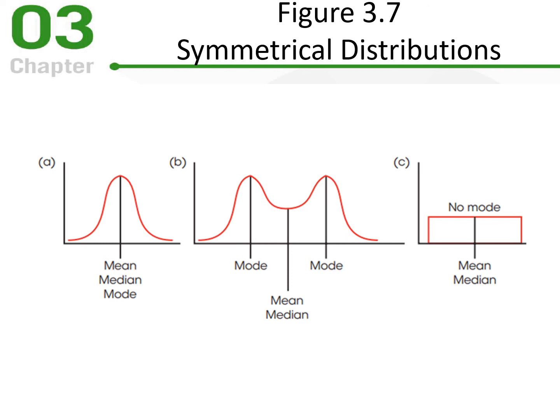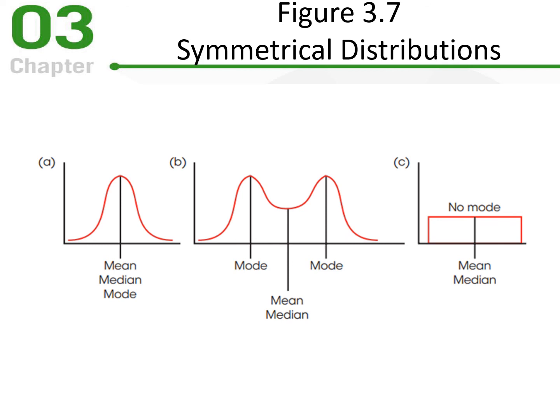And in picture C, you have a symmetrical distribution. The mean and the median are the same, but you have no modes. And this is called either a rectangular distribution, because it looks like a rectangle, or it's also called a uniform distribution, because every different value has the same frequency.